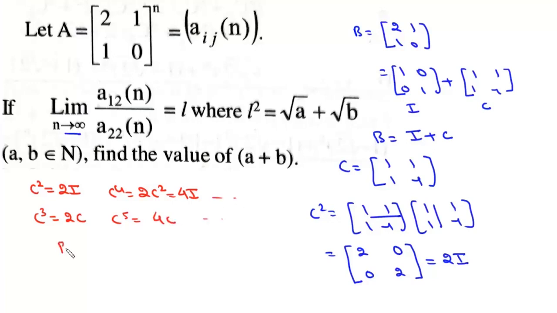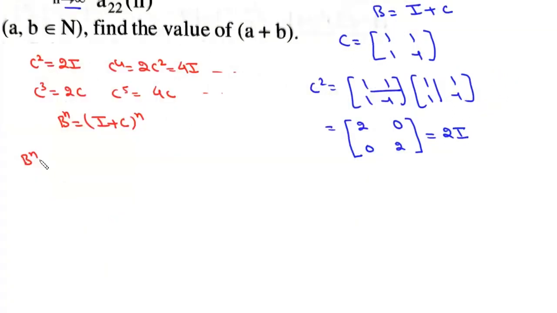Now we have assumed this B is I plus C. Now we take the nth power of B, then it will be (I plus C) to the power n. Now we can write this as B to the power n equals nC0 into I plus nC1 into C plus nC2 into C square plus nC3 into C cube, and this series will continue up to nCn into C to the power n.